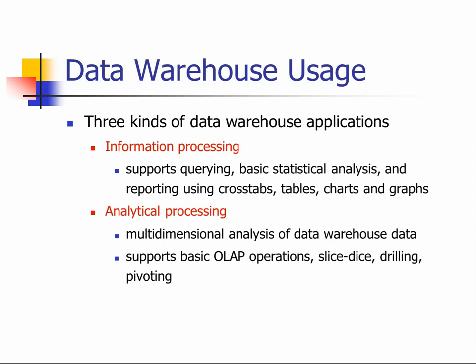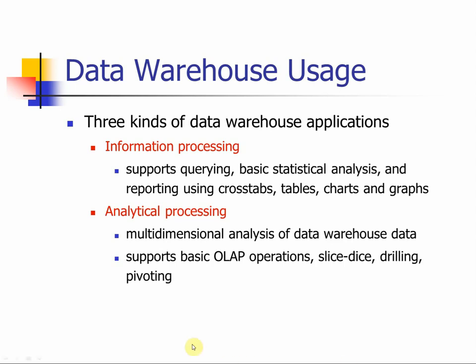The data warehouse has three major applications. The first one is information processing, which supports queries, basic statistical analysis, and reporting using crosstabs, charts, and graphs, so that managers can see those reports quickly.